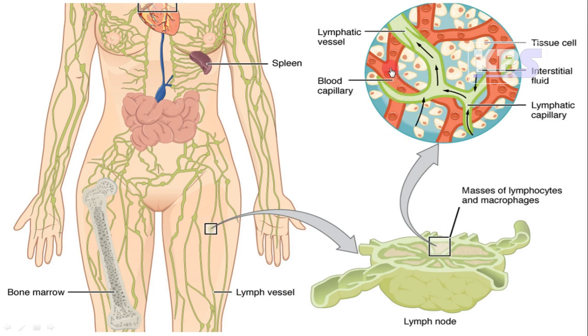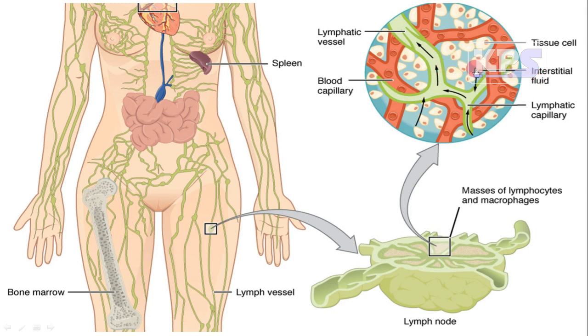The blood capillaries enter the tissues and form numerous branches, and within the tissues a part of the blood plasma may enter the interstitium, or interstitial space, or intercellular space, and this plasma then forms the interstitial fluid.